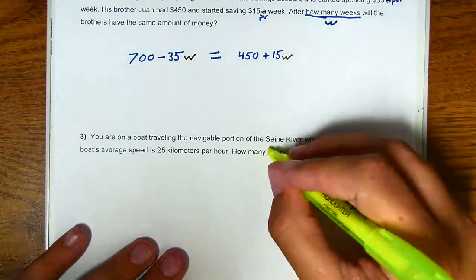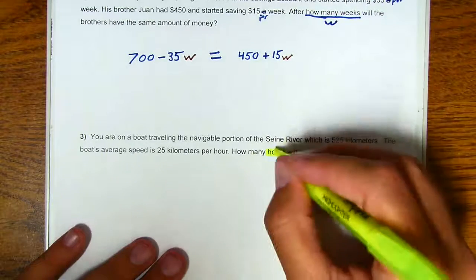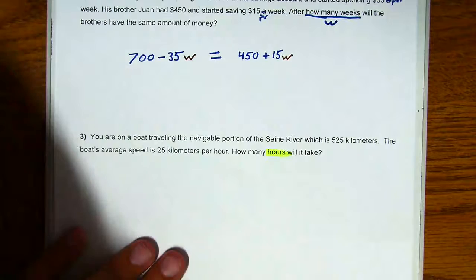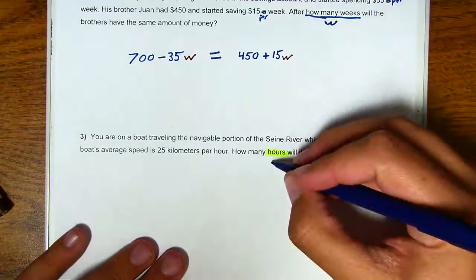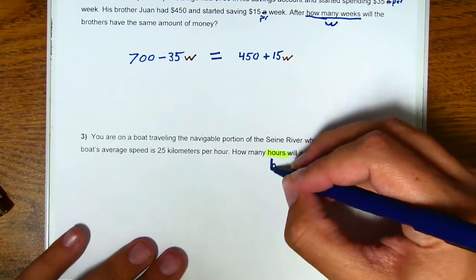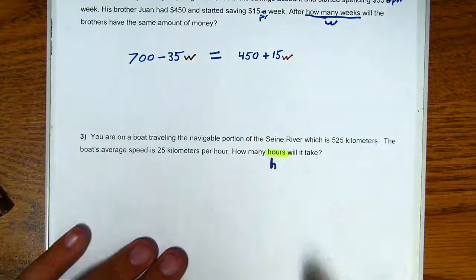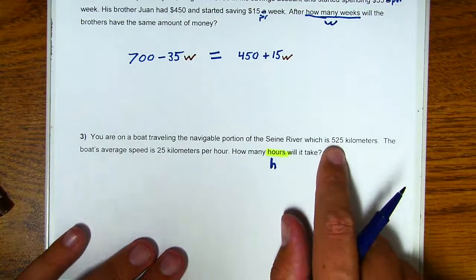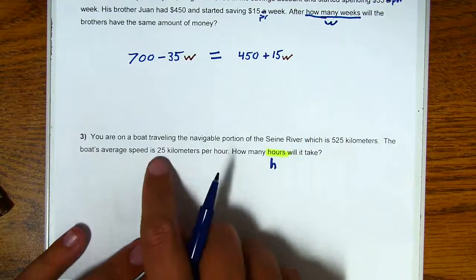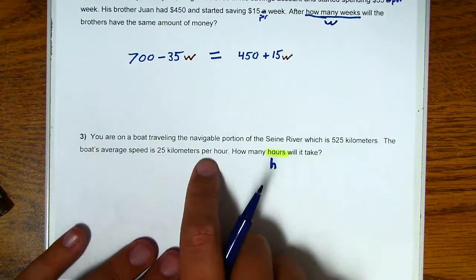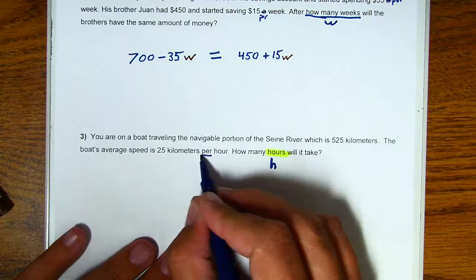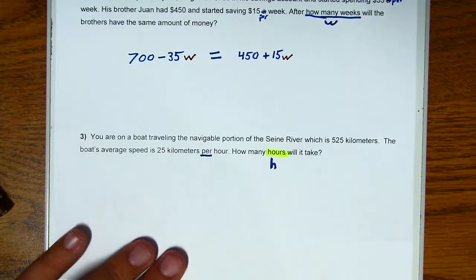So they want to know hours. That's what you're solving for. How many hours? So I want you to use the variable h. I want you to set up an equation on your own. They're giving you 525. They're giving you 25. They're giving you the word per, right? Per. So I want you to try to solve the rest on your own.